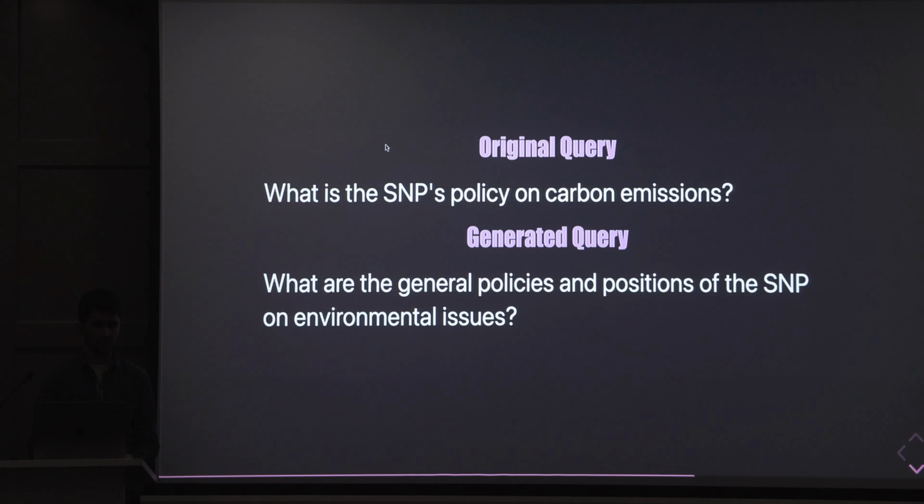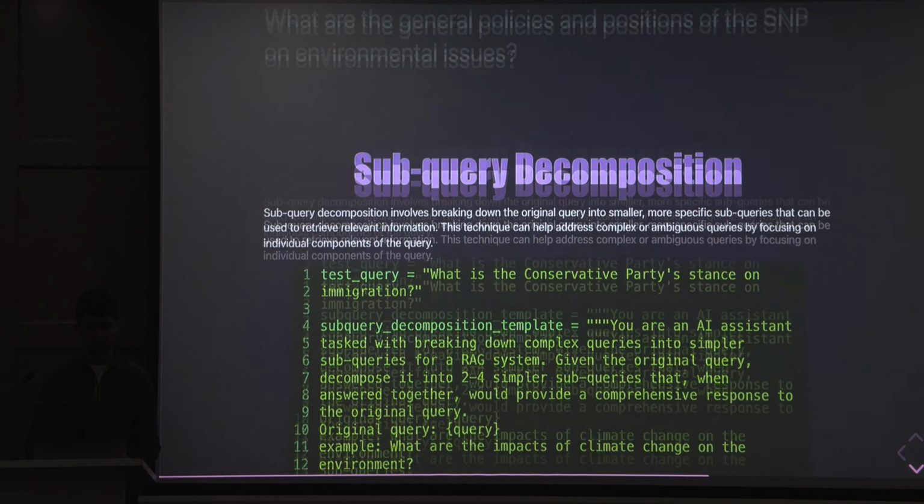For the more specific question, what is the S&P's policy on carbon emissions, we will get a generated query, which is what are the general policies and positions of the S&P on environmental issues? Again, maybe this will help us with retrieving the most relevant documents. I personally think, from personal experimenting, that it does, but again, it does require testing in your use case.